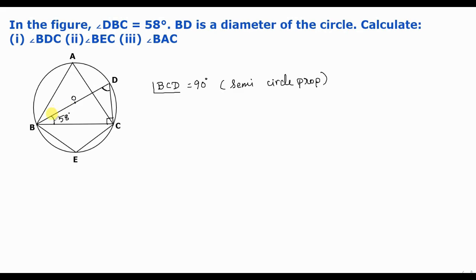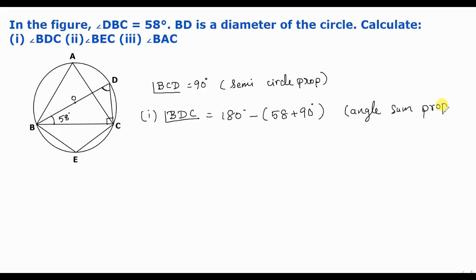In triangle BCD, we already have 58 and 90. Add these two angles and subtract from 180, and you will get angle D. So angle BDC is 180 minus (58 plus 90). This is your angle sum property. On subtracting, we get 32.